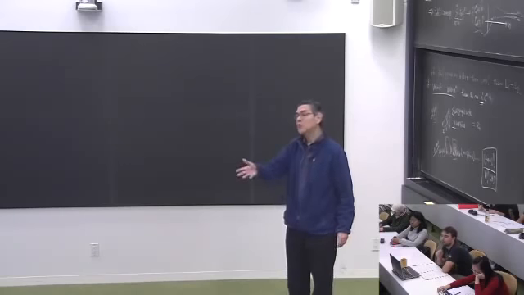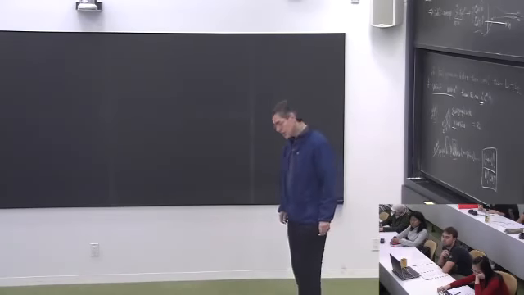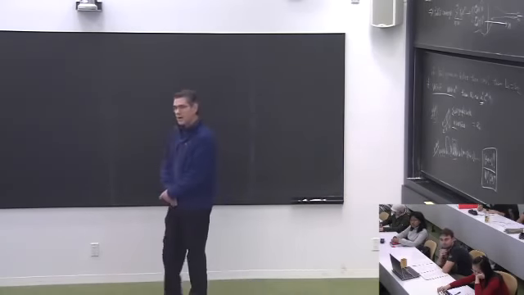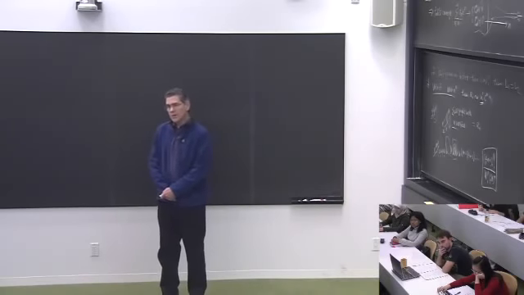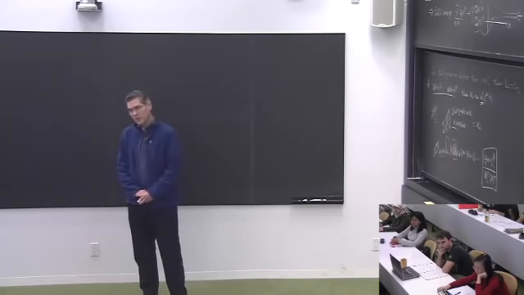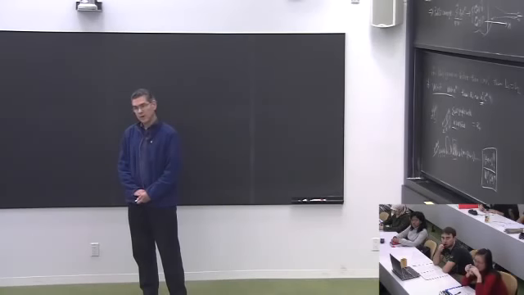And I'll show you why that is. It has to do with the fact that you can write down the generating function for the number of graphs, and you can write down the generating function for the number of connected graphs.